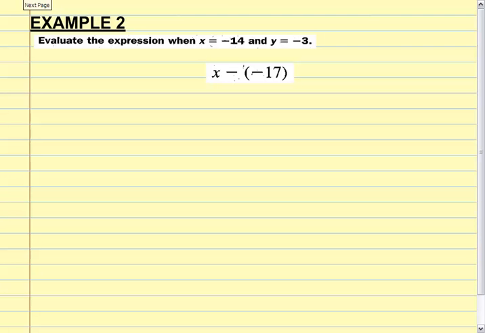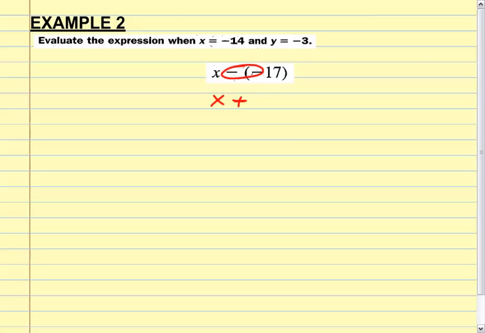All right, now in example number 2, it says evaluate the expression when x equals negative 14 and y equals negative 3. Well, I don't have a y in this expression. It's only the x that I have to worry about. The very first thing I want to do is take two signs that are right next to each other and combine them to get plus.